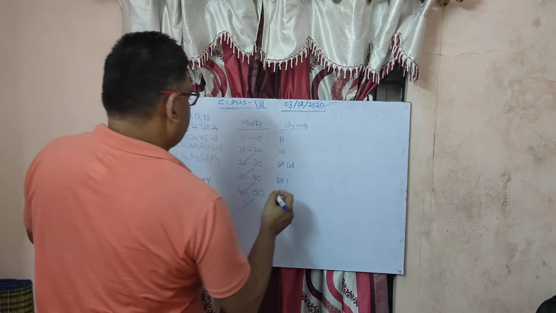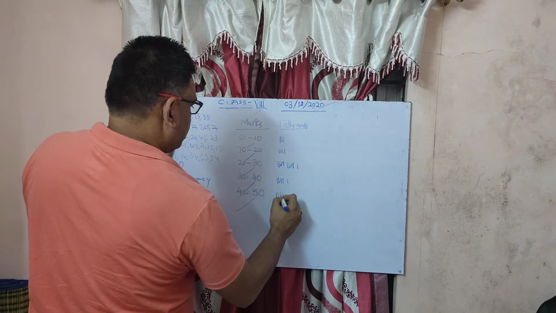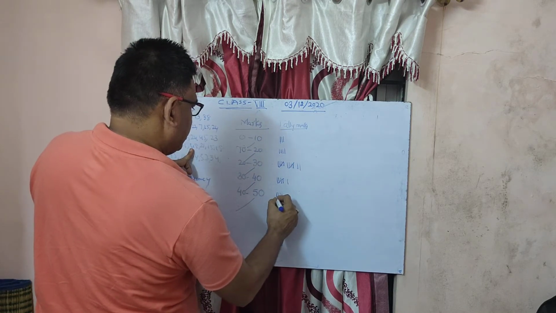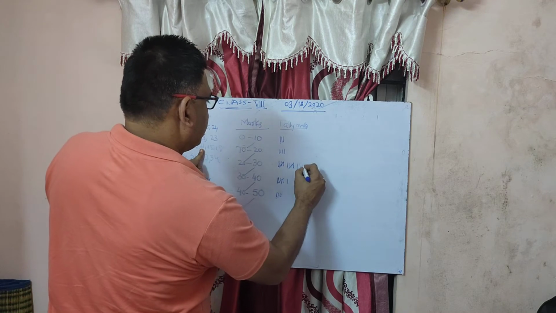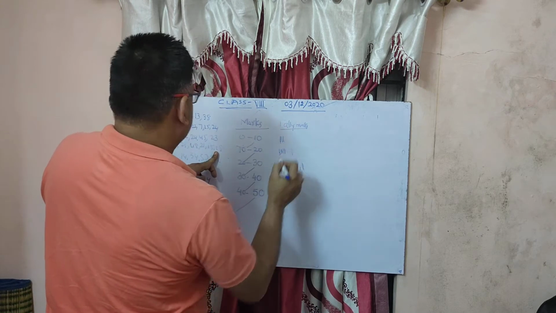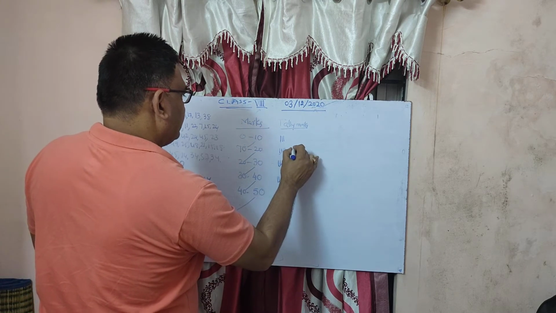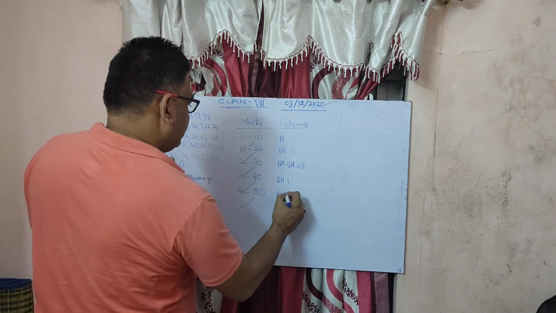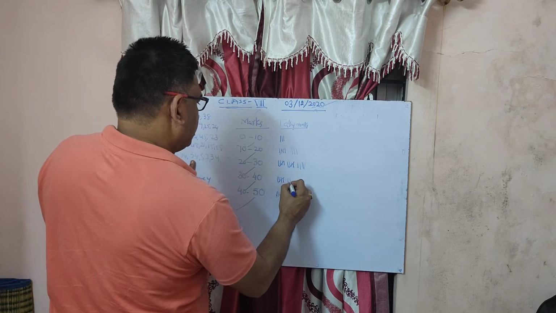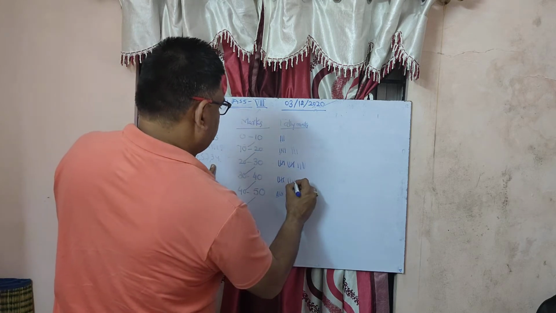Next one is 29, again here. 49 here, 25 here, 48 here, 21 again here, 15 here, 18 here, 27 here, 19 here, 45 here, 14 here, 34 here, 37 here, 34 here.